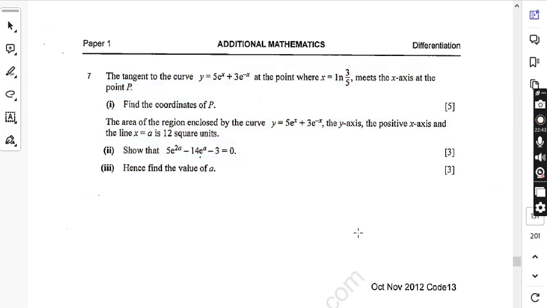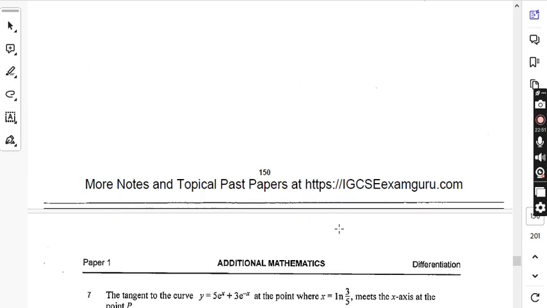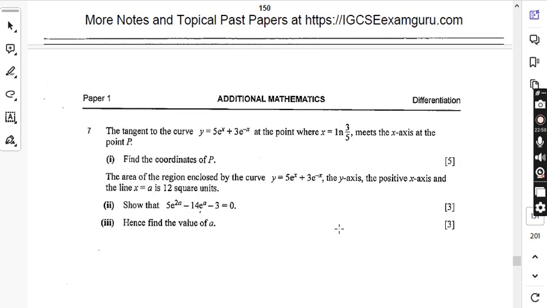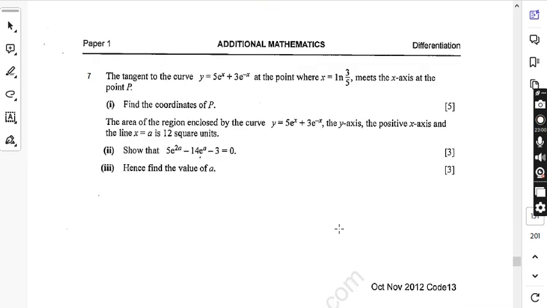The previous question, question number 6, came in 2012, paper 1-3. Question number 2. Please note down question number 2.